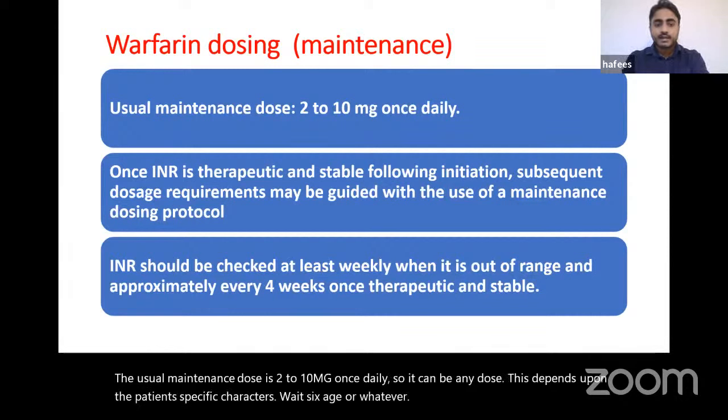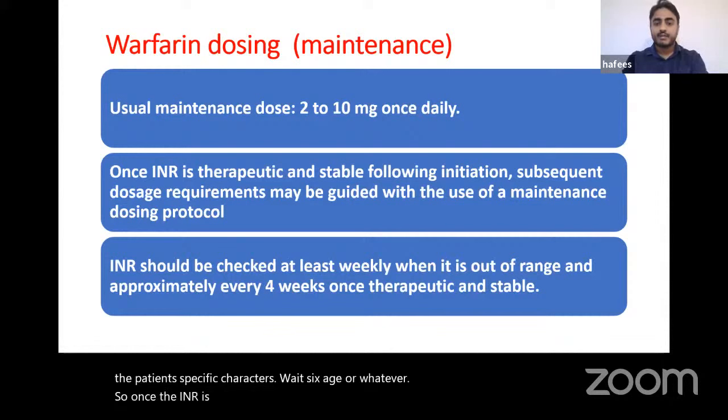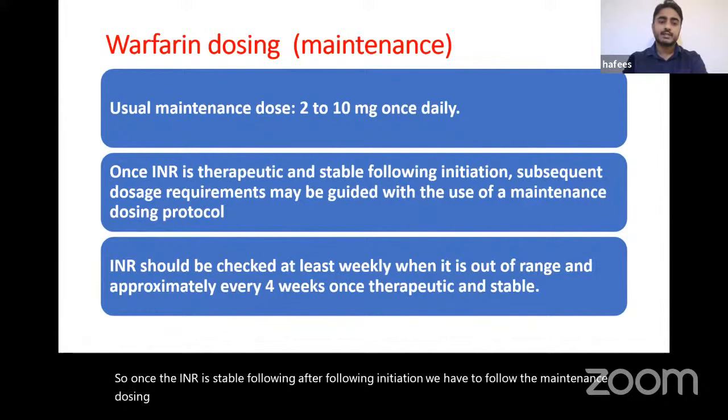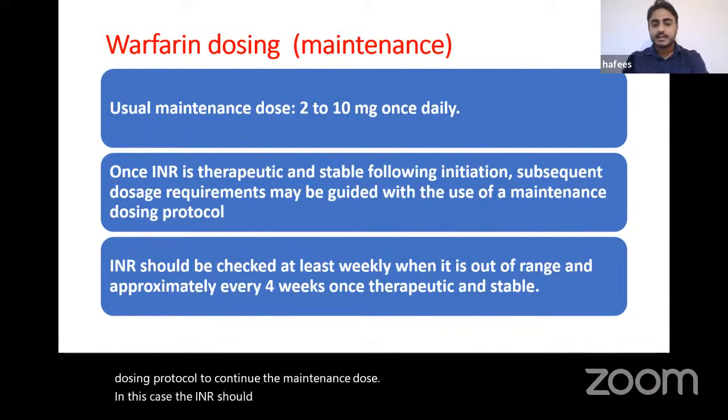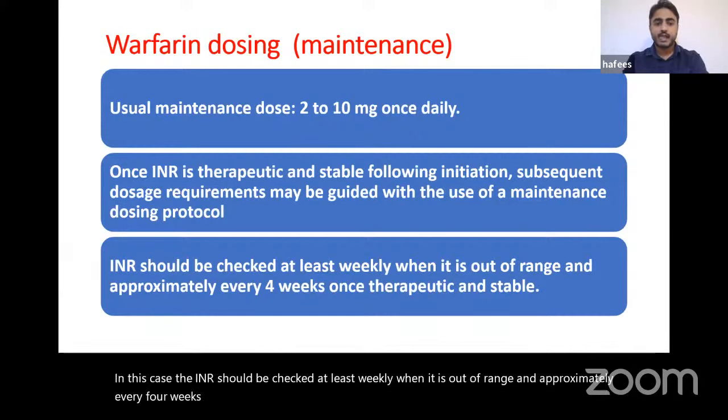Once the INR is stable following initiation, we follow the maintenance dosing protocol. In this case, the INR should be checked at least weekly when it is out of range, and approximately every 4 weeks once therapeutically stable.